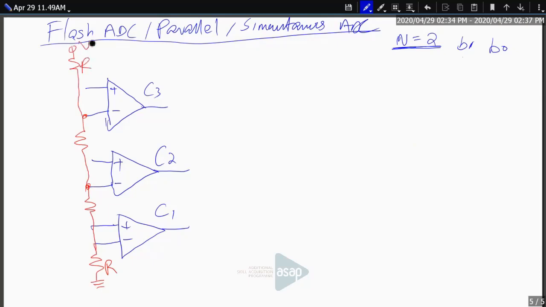So 2 raised to n is 4, and 2 raised to n minus 1 comparators are required. That is the arrangement, so we require 3 comparators here. Let us draw that. The comparators, of course, have non-inverting and inverting terminals. Now we give numbers to these comparators.